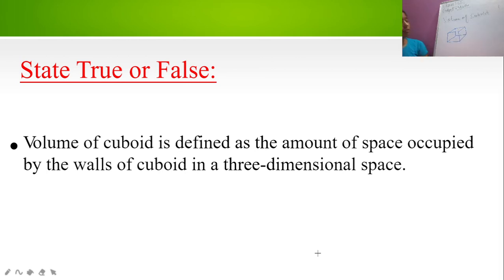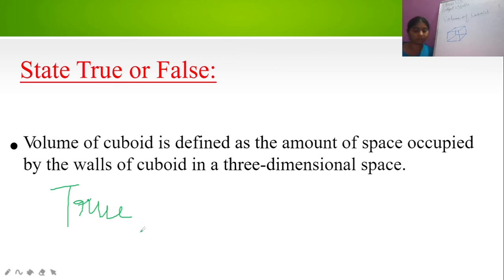Here you can see we have made a cuboid, right? Do you say that the volume of a cuboid is the amount of space that is required to fill the boundaries of this cuboid? Yes, very good students. So basically this is a correct statement. This is a true statement.